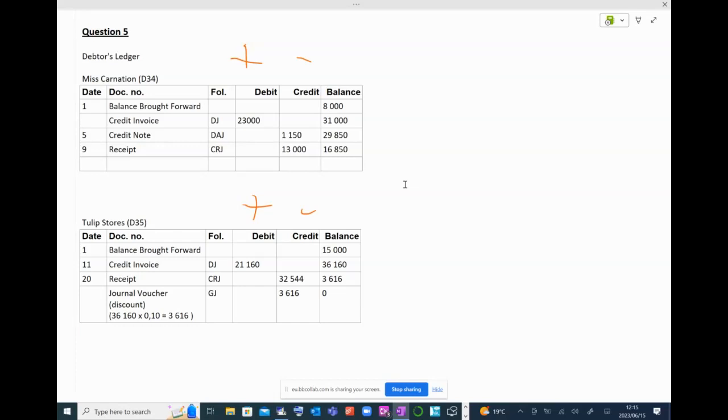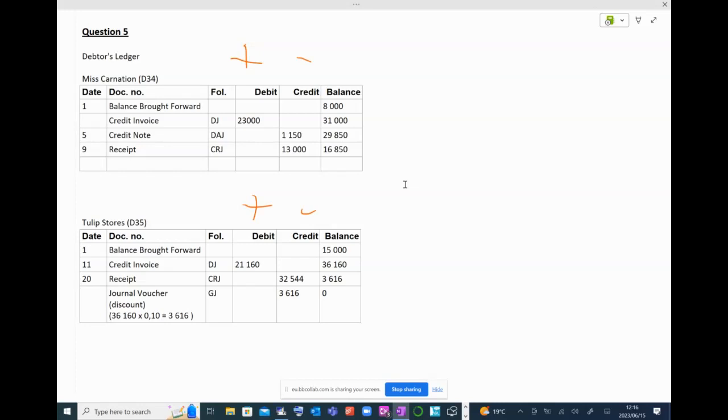Then we say the debtors journal was the first transaction that we had with this, during the course of the month. So we record that. If it's in the debtors journal, what has happened? Ashton, what happens when we record something in the debtors journal?